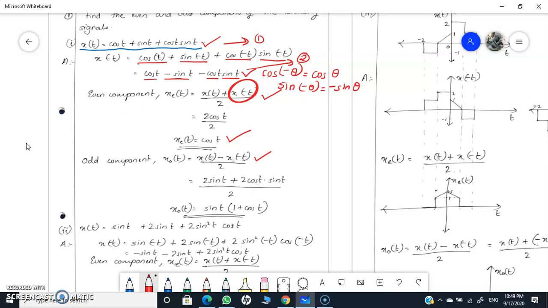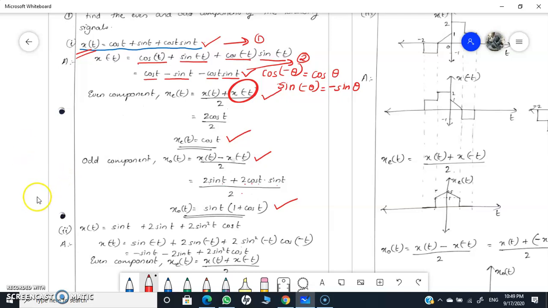If I take that, I will get 2 sin t plus 2 cos t sin t, divided by 2. That means xo of t is obtained as sin t into 1 plus cos t. So this is how I can find the even and odd components of a particular signal x of t. Now take the next example.